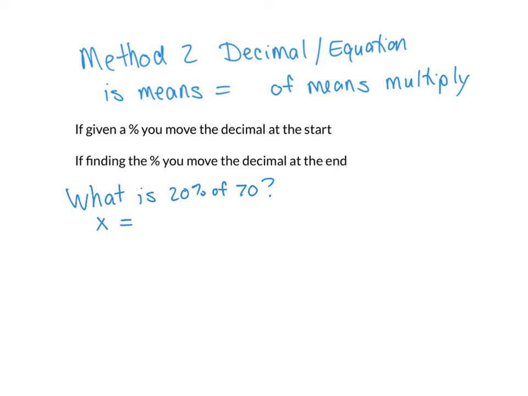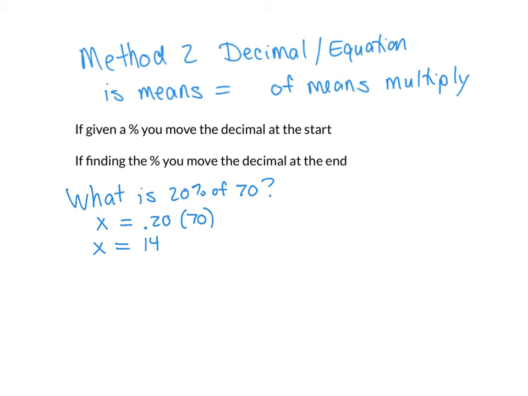And remember, to turn a percent into a decimal, you move the decimal over twice. So you're going to get 0.2 or 0.20. Of means multiply. Again, I'm not using x to indicate multiplication because x is a variable. And so then if I multiply, I'm going to end up with 14.